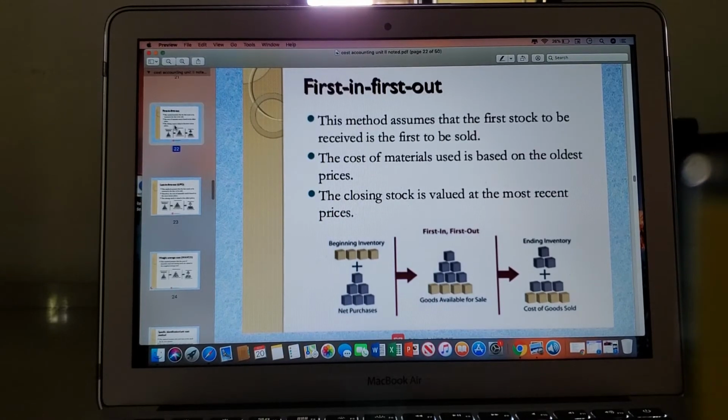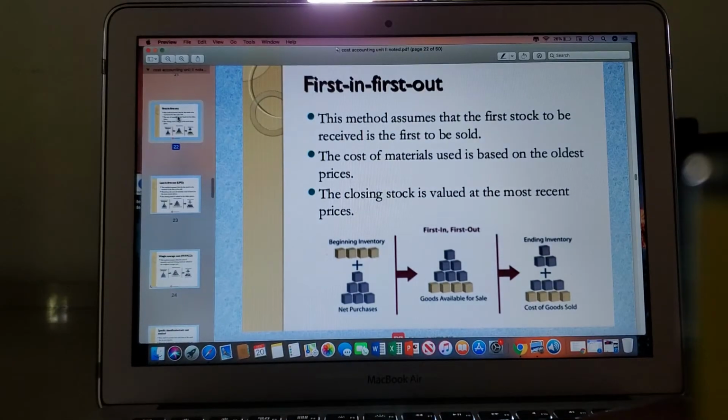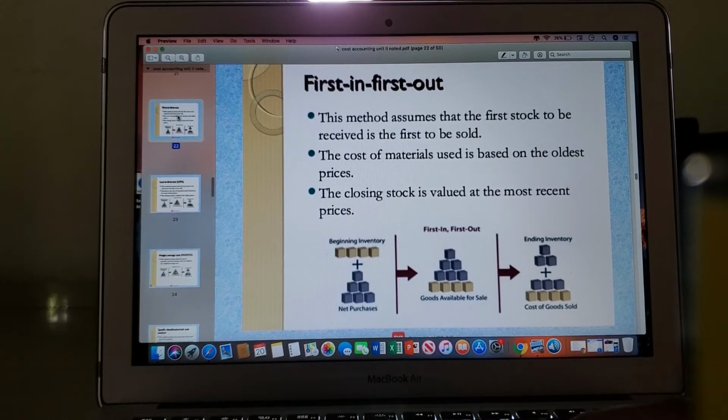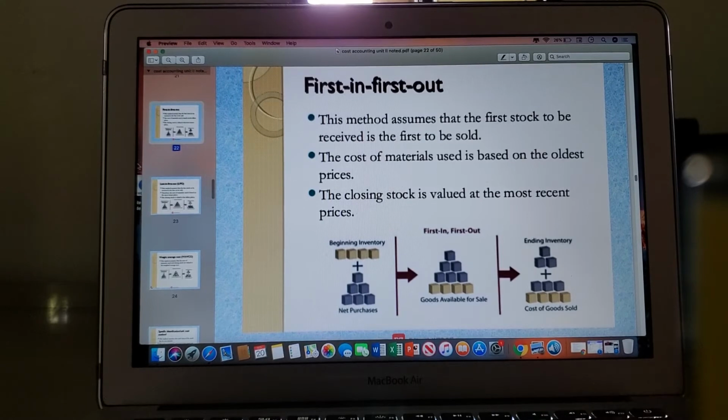This leads us to the next column, wherein the cost of goods sold is shown as 4 yellow boxes of goods from the beginning inventory plus 3 grey boxes of goods from net purchases. So the total cost of goods sold is 7, plus the ending inventory of 3 boxes of grey goods from net purchases. So this is the first in, first out method.